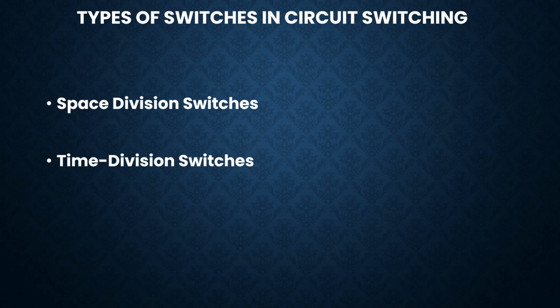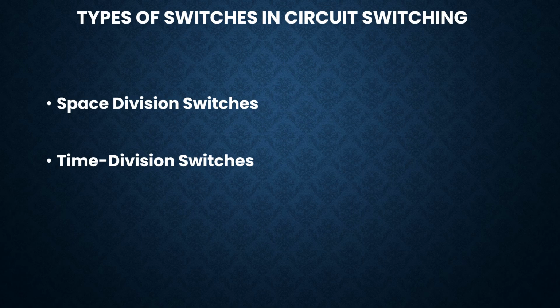It is made by first splitting the crossbar switch into smaller units and then interconnecting them. In case of failure of one path, there is the possibility of another path. The speed of space division switching is high and it has a high capacity. Space division switching contains non-blocking switches.